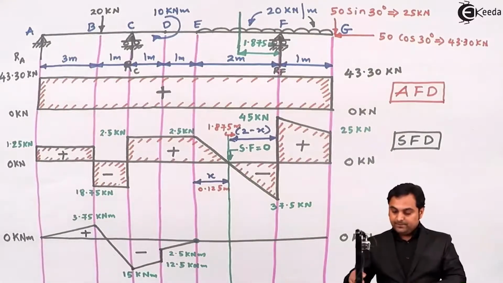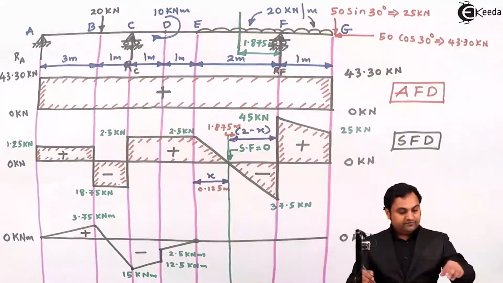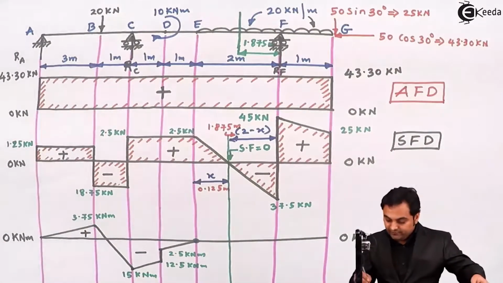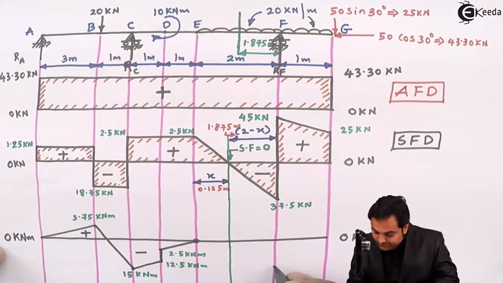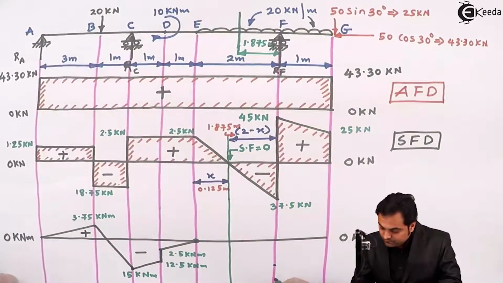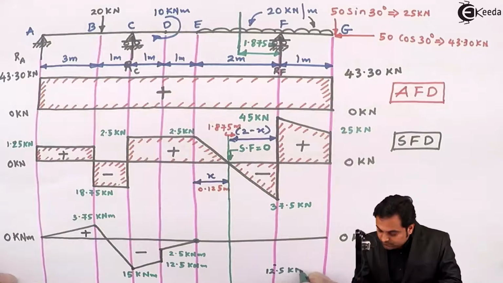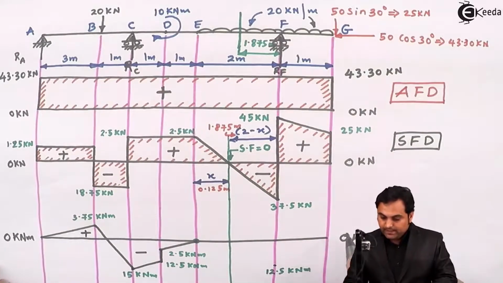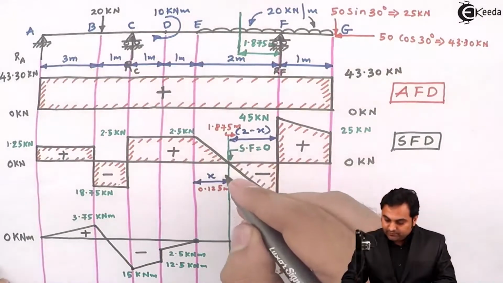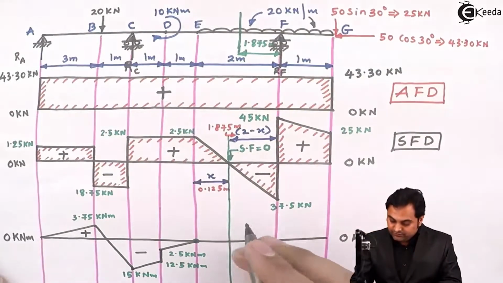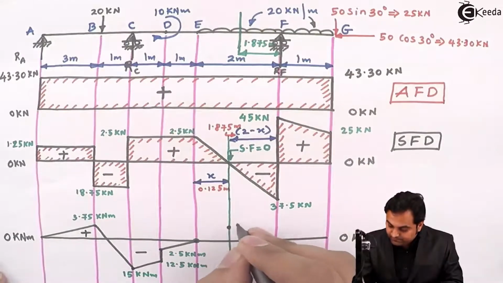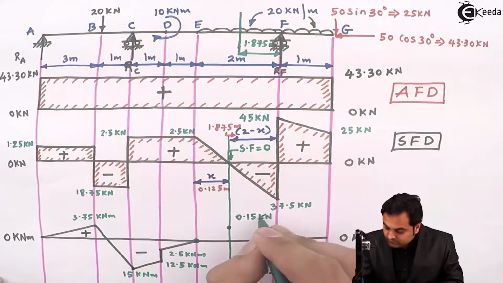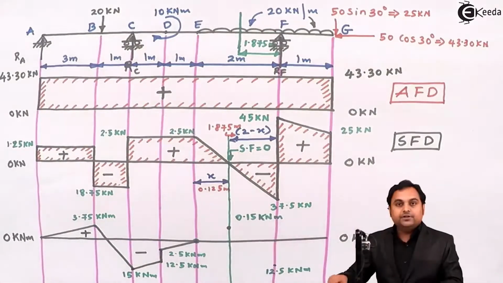Next, after reaching here, at point F the value of bending moment was minus 12.5, so same level. Then at G the value is 0, and we have even found out the maximum bending moment where shear force was 0. This value is plus 0.15 kilonewton meter.